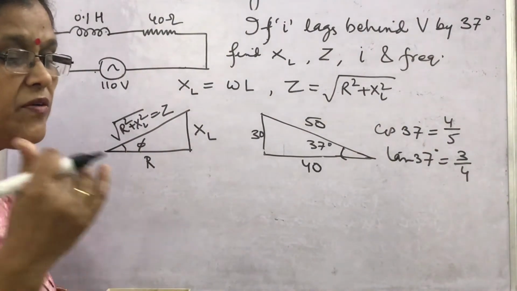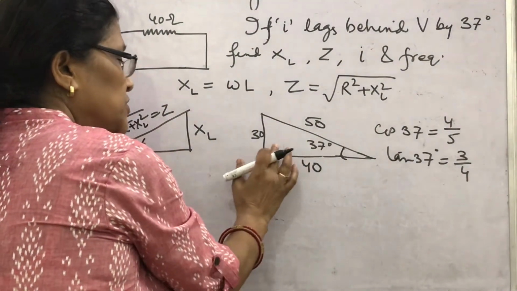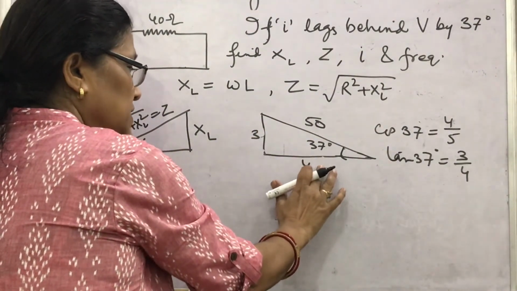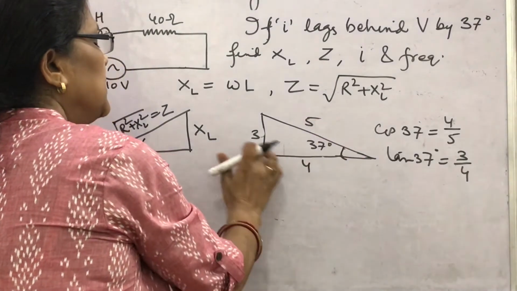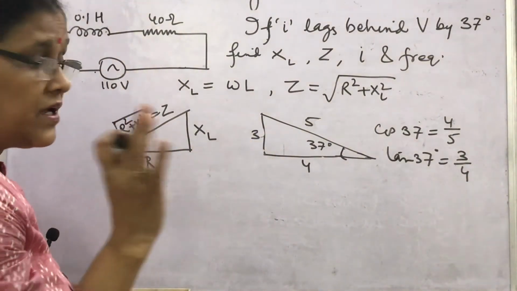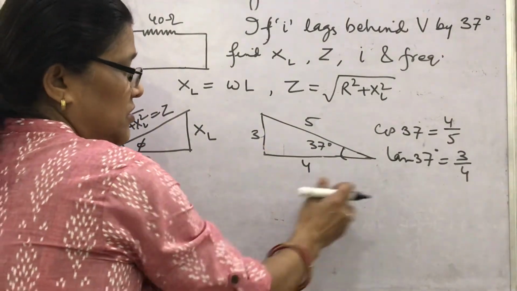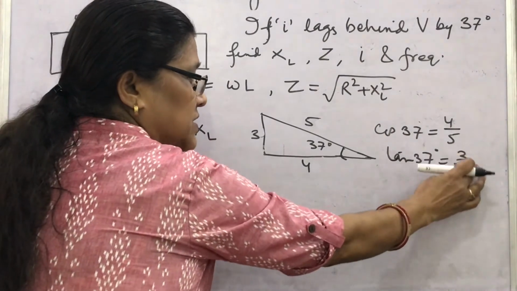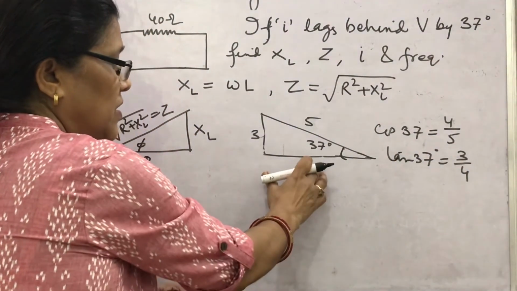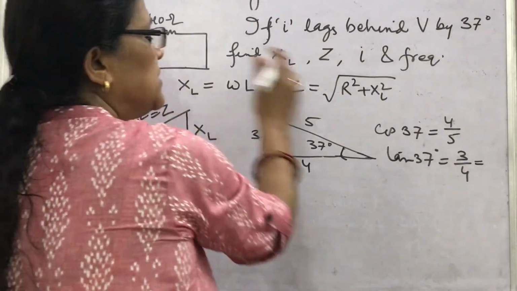So in this way, whatever is 37 given, you should know that 37 is written in case of 3, 4, 5. Learn these values for the right angle triangle having one angle 37. So tan 37 is 3 by 4, and in case of this circuit, what is tan phi?